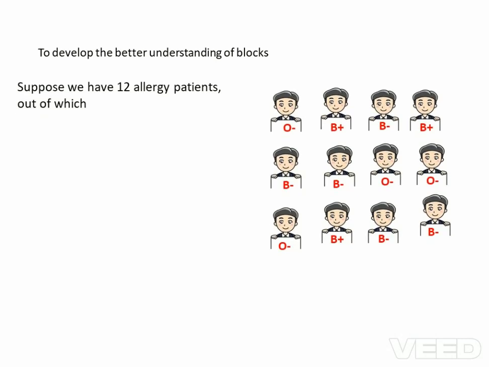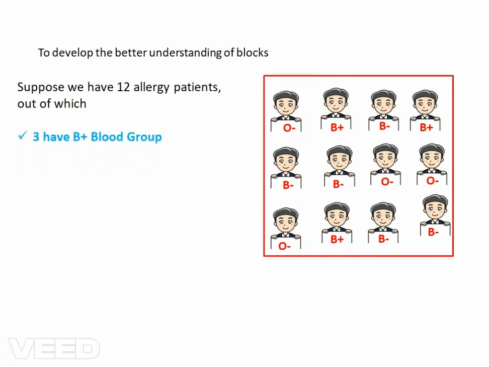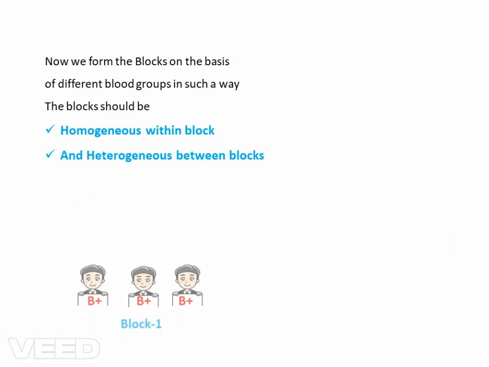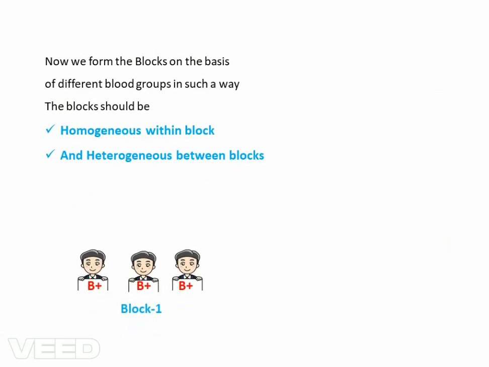To develop a better understanding of blocks, suppose we have 12 allergy patients, out of which 3 have B positive blood groups, 5 have B negative blood groups, and 4 have O negative blood groups. Now we find the blocks on the basis of different blood groups in such a way the blocks should be homogeneous within block and heterogeneous between blocks.